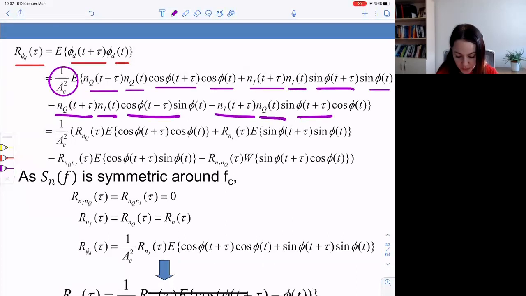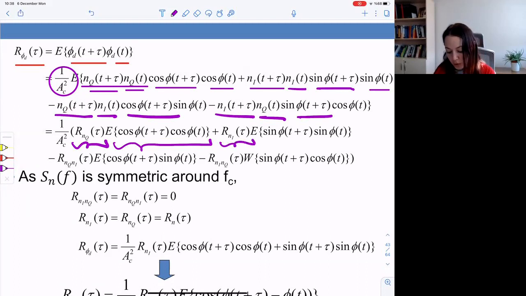The first term is expectation of nq of t plus tau and nq of t, which is the autocorrelation of the quadrature noise component. This is multiplied by the expectation of cosine phi of t plus tau times cosine phi of t. And similarly, we have the autocorrelation of the in-phase noise component times the expectation of sine of phi of t plus tau, sine of phi of t.